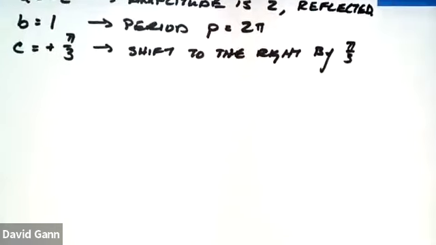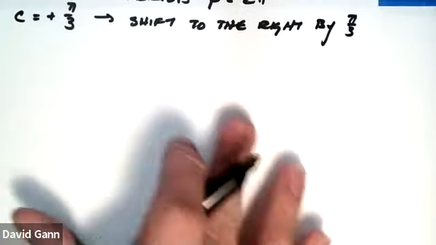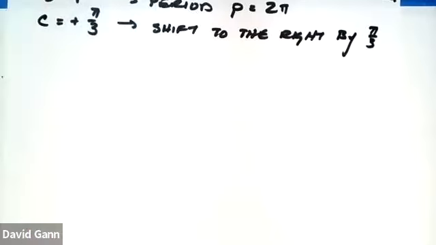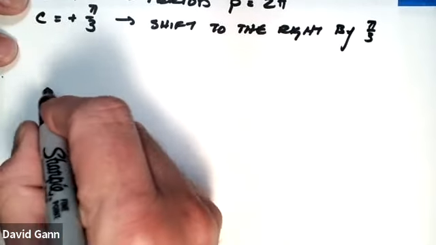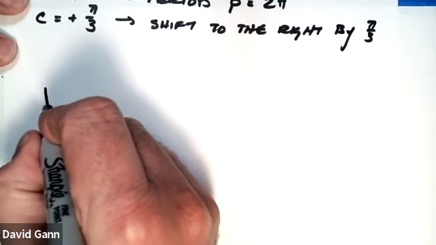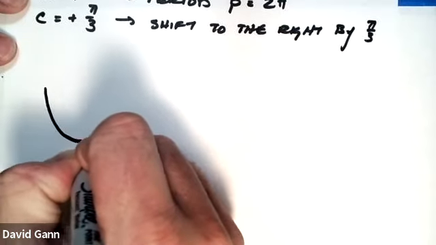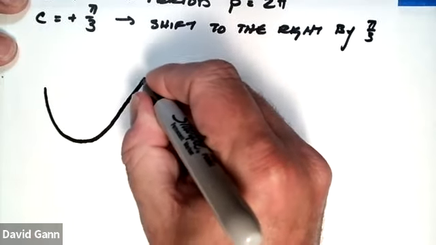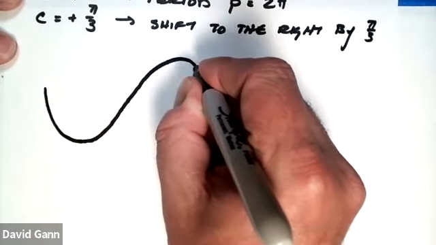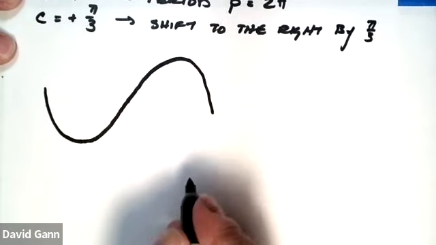Okay, so again, I'm going to draw the basic cosine function, which looks exactly like the sine function. We just need to pick some different points for our start. So I'll start with a low point, and then a high point, complete the period.